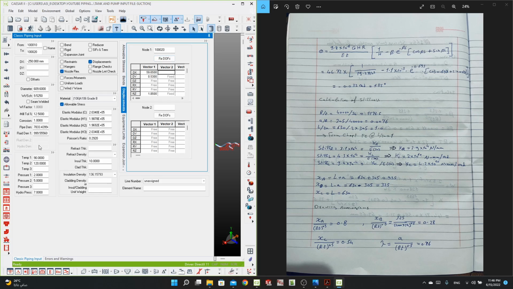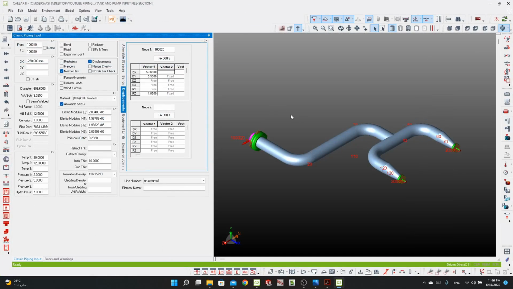The second displacement that we are using, by the way, we will use three displacements. D1, which is the operation for the 90 degree, D2, which is the design for the 120, and D3 is for the tank settlement displacement. So we need to know the thermal growth for temperature 120. Let me show you one trick here that can be used instead of redoing the calculation again.